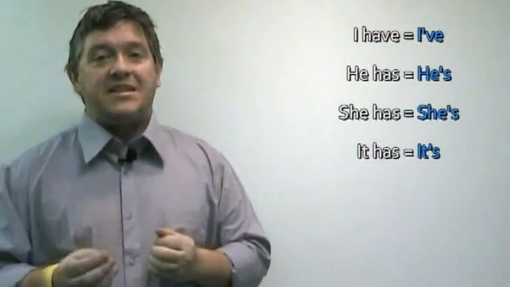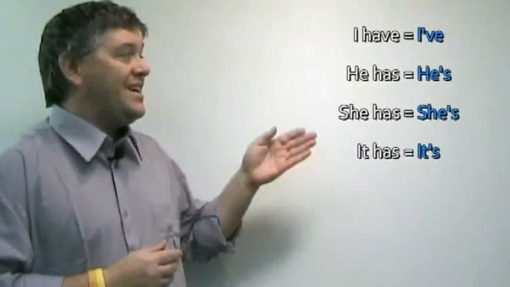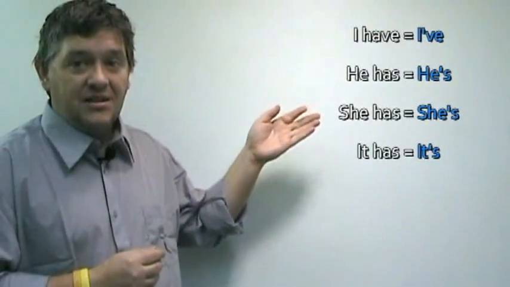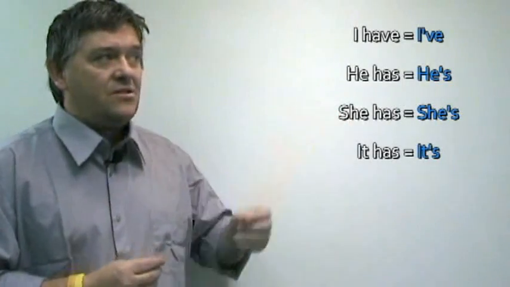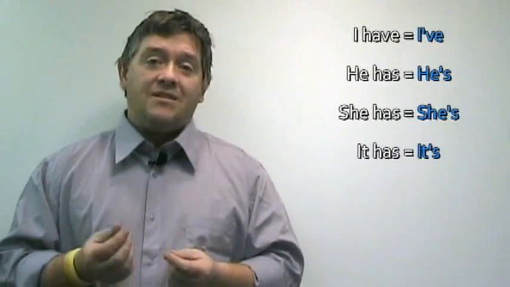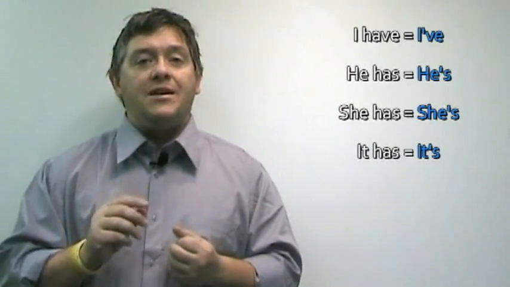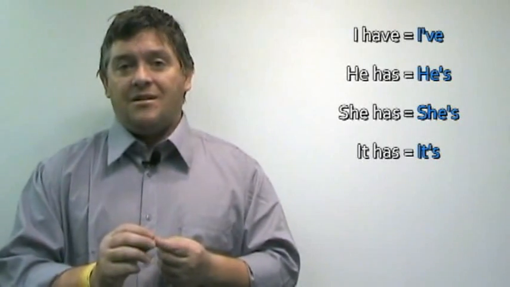So, instead of I have, we say I've. Instead of he has or she has, we say he's, she's, it's. So, it's very easy for any subject that uses have, we contract it with an apostrophe and VE.